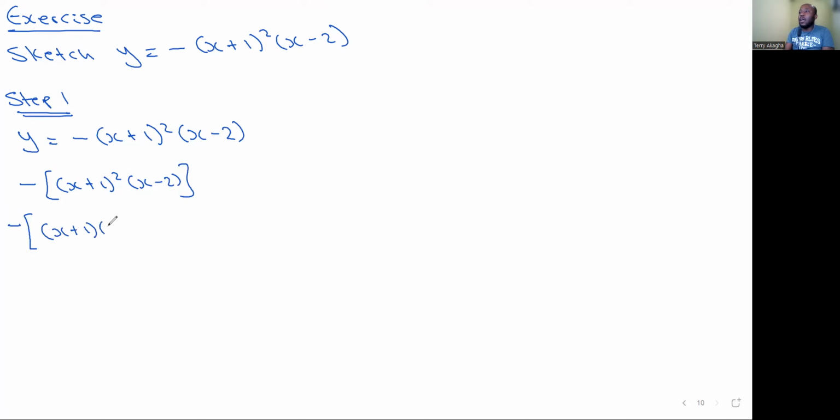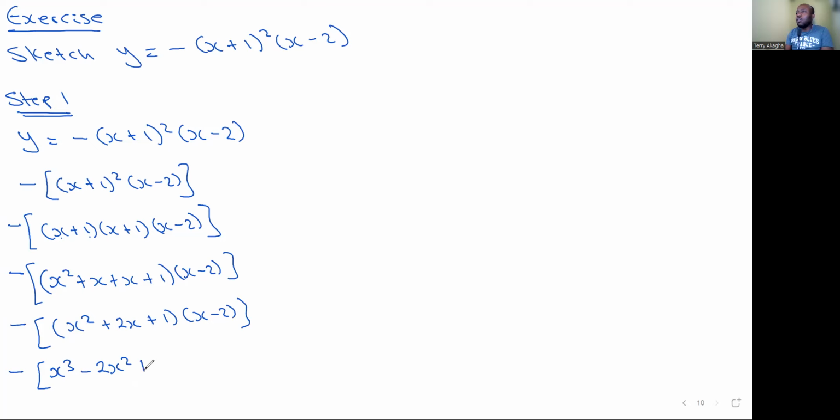Then the next one, I'm going to open the brackets now. So we have minus into bracket, x times x squared will give you x cubed. Are you seeing it? x squared times minus 2 will give us minus 2x squared. Plus 2x times x gives us plus 2x squared. Plus 2x times minus 2 will give us minus 4x. 1 times x will give us x.